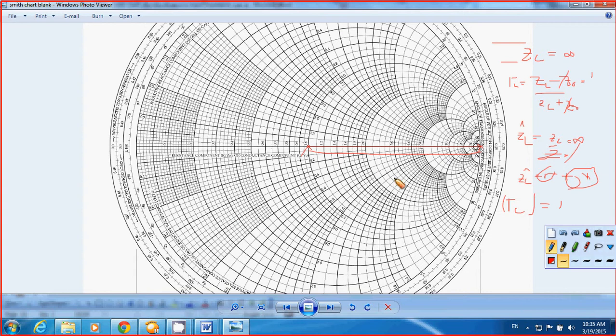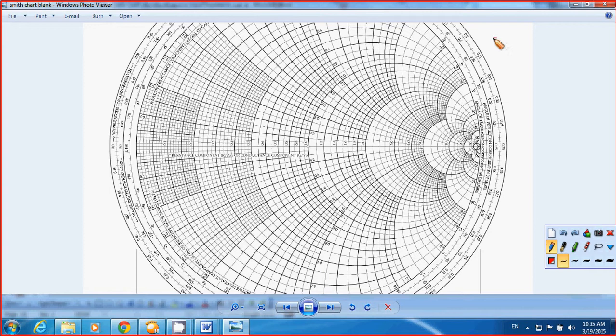What is the phase angle? Because the point starts here from 0, you don't have a phase angle. The phase angle becomes 0. So you have 1 multiplied by the phase angle 0, so it becomes 1. That's why you have the reflection coefficient of the open circuit to be 1.